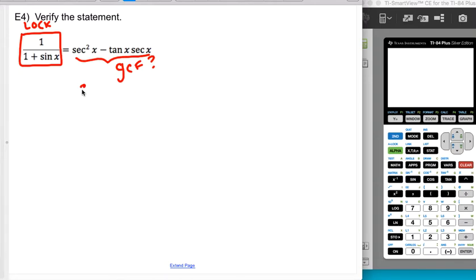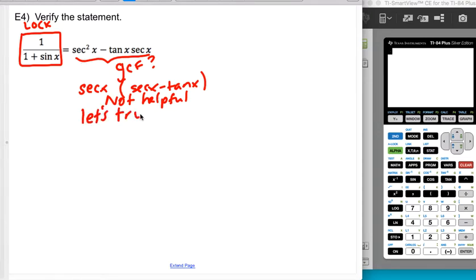So if I try this, I take out a secant, and I'm left with secant minus tangent, and that's not helpful, right? Because all of the formulae that I know so far have involved something squared and a 1, and that didn't help. So not helpful. Let's try something else.